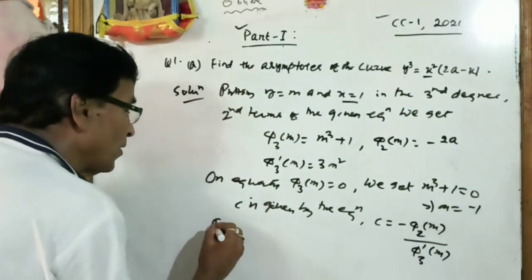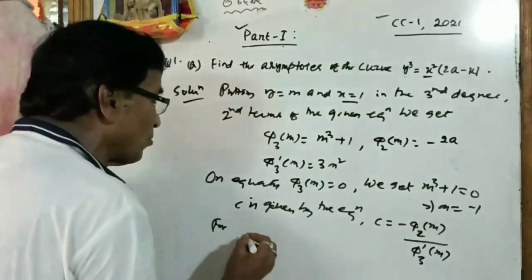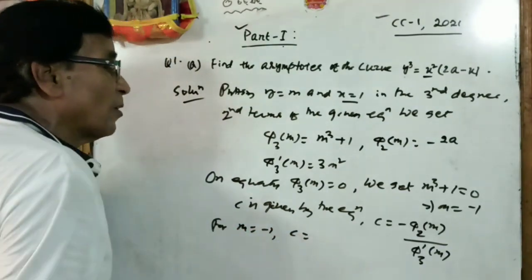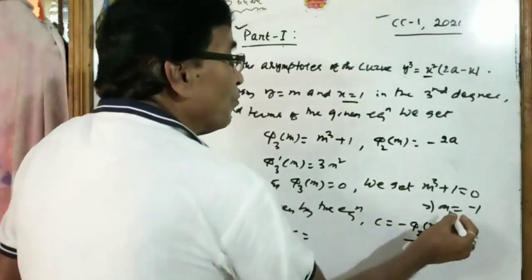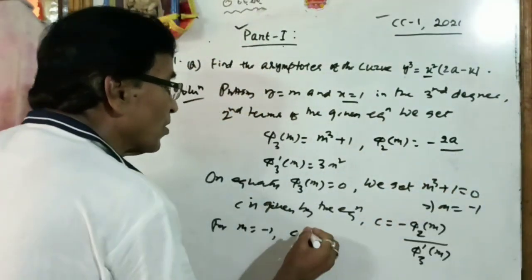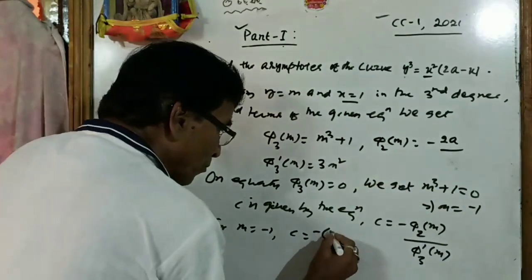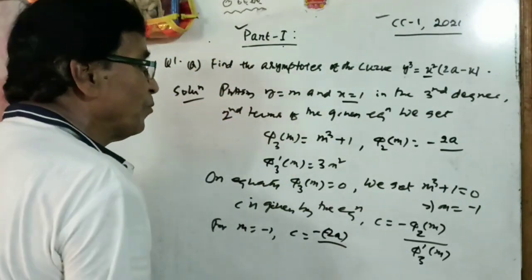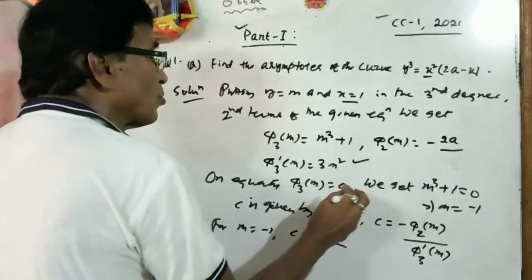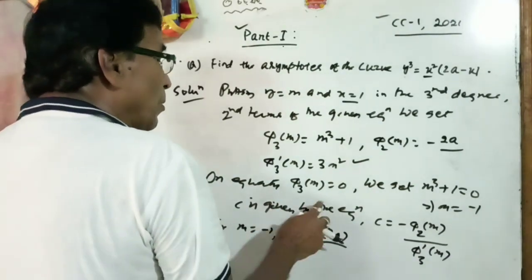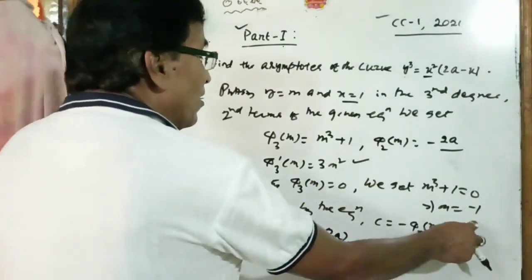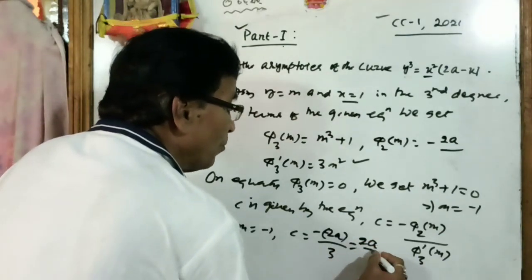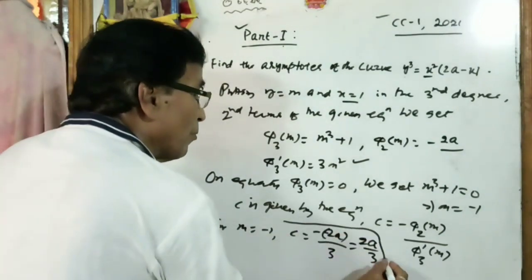So for m = -1, the value of C is equal to minus of phi 2(m), which is minus 2a, so it is minus of minus 2a, divided by phi 3 dash (m). Phi 3 dash (m) is 3m^2, putting m = -1, it is equal to 3. So it is plus 2a by 3. The value of C is equal to 2a by 3.